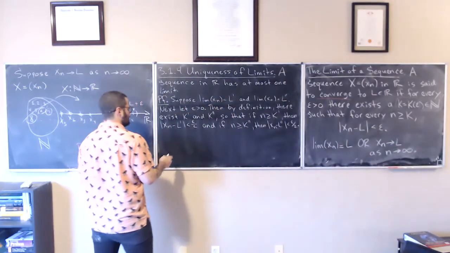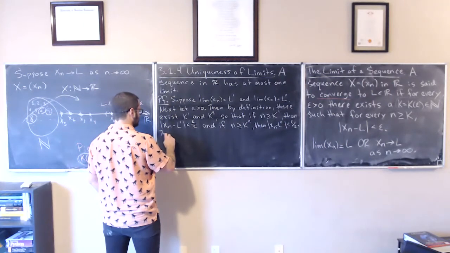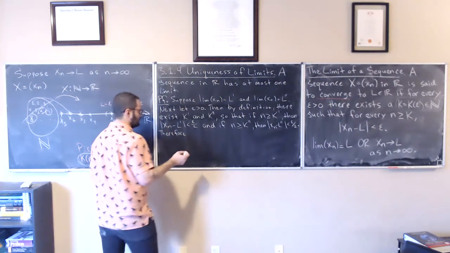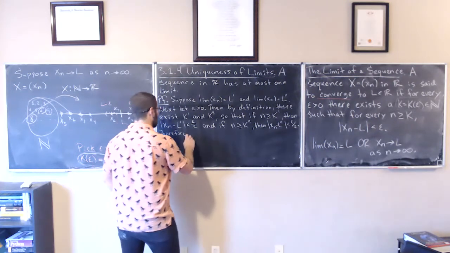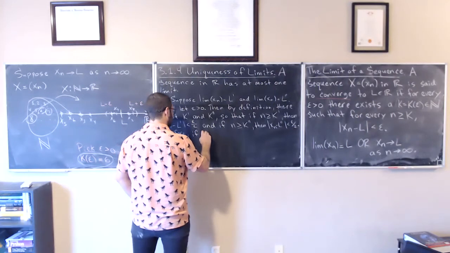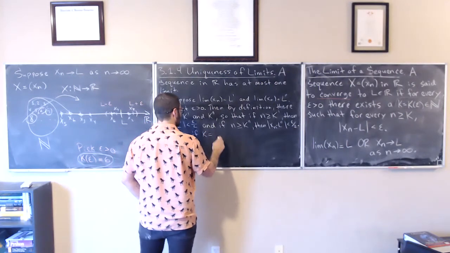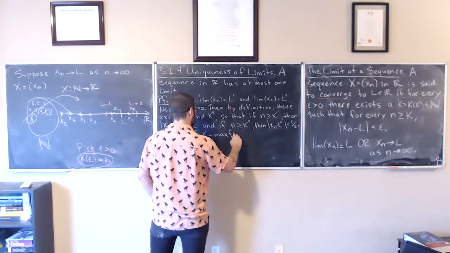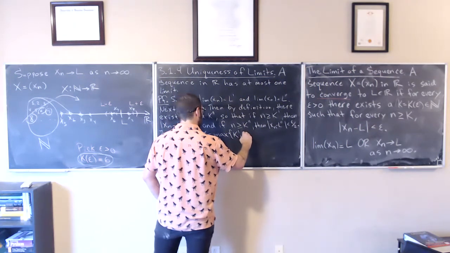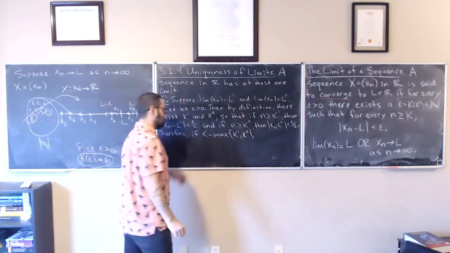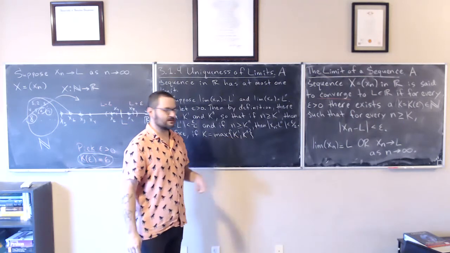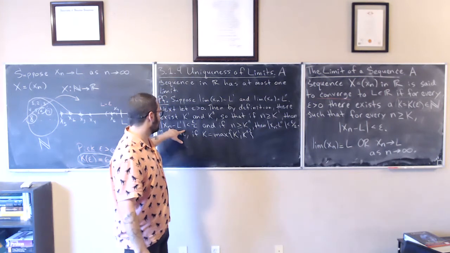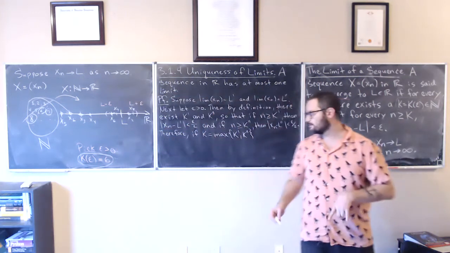Okay? So therefore, if k is equal to the maximum of these indices, these natural numbers, then if n is greater than or equal to this k, then that holds and that holds, right?